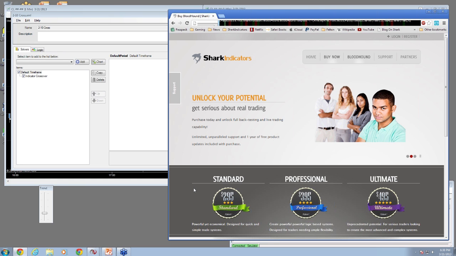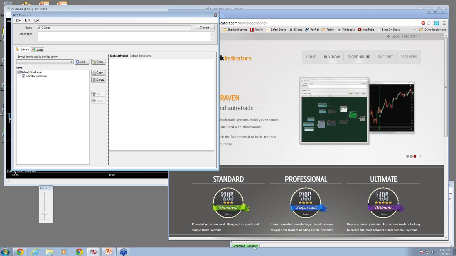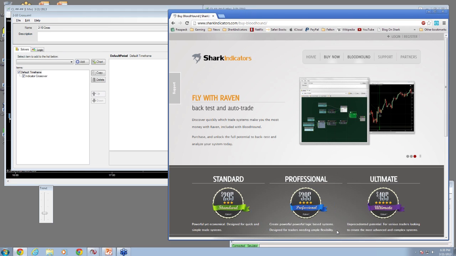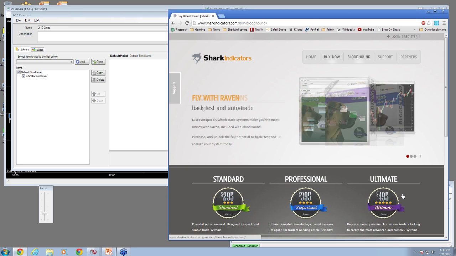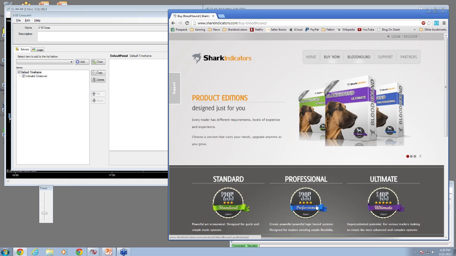The standard version doesn't allow you to use multiple timeframes, but the professional version will. As I was saying earlier, the system that we built today used most of its components from the professional version, with the exception of that one function node I added at the end, which is included in the ultimate version.